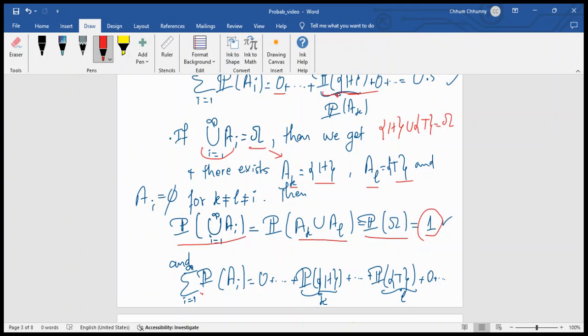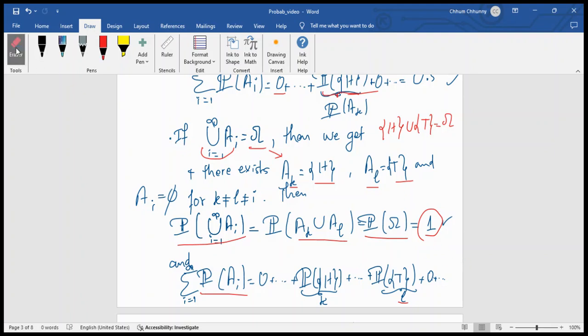And the right hand side, the summation from I equals 1 to infinity of P of AI, equals 0 plus dot dot dot plus P of H in the K position, because we have AK equal to the set of H, plus dot dot dot plus P of the set of T in the L position, because we have AL equal to the set of T, plus 0, and so on.